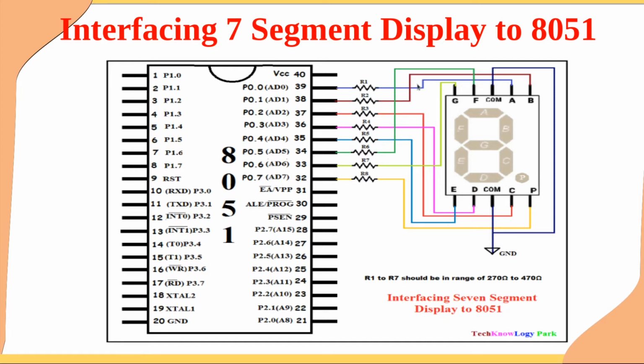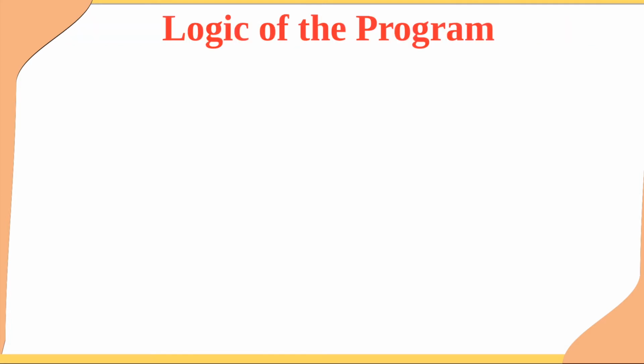A is connected to P0.0, B is connected to P0.1, C is connected to P0.2, and so on, till at the last P is connected to P0.7. Let us see the logic of the program.